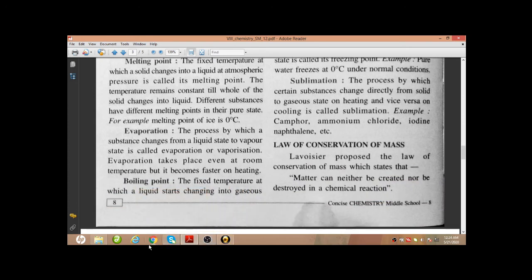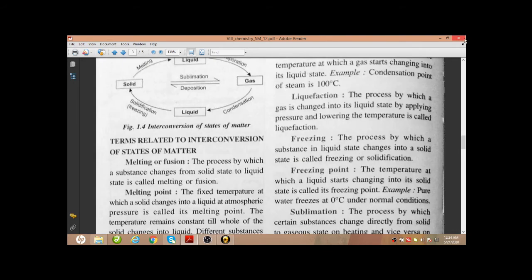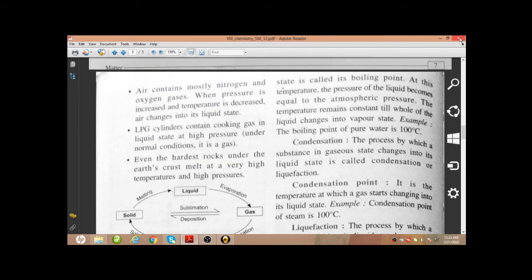In the same manner we get the boiling point. The fixed temperature at which a liquid starts changing into the gaseous state is called its boiling point. Hope you can see this.